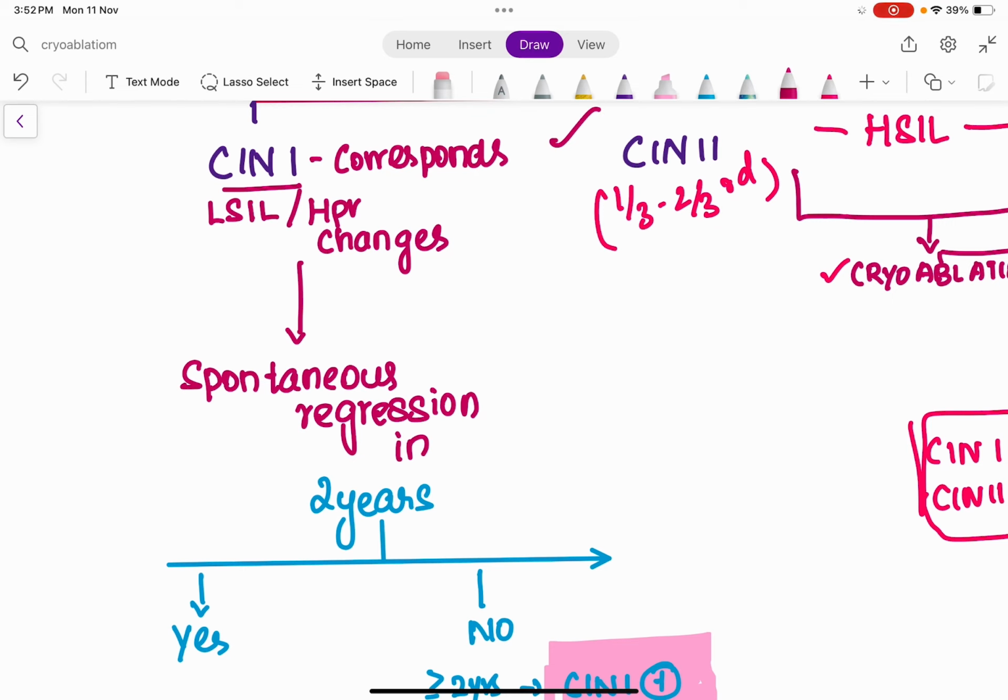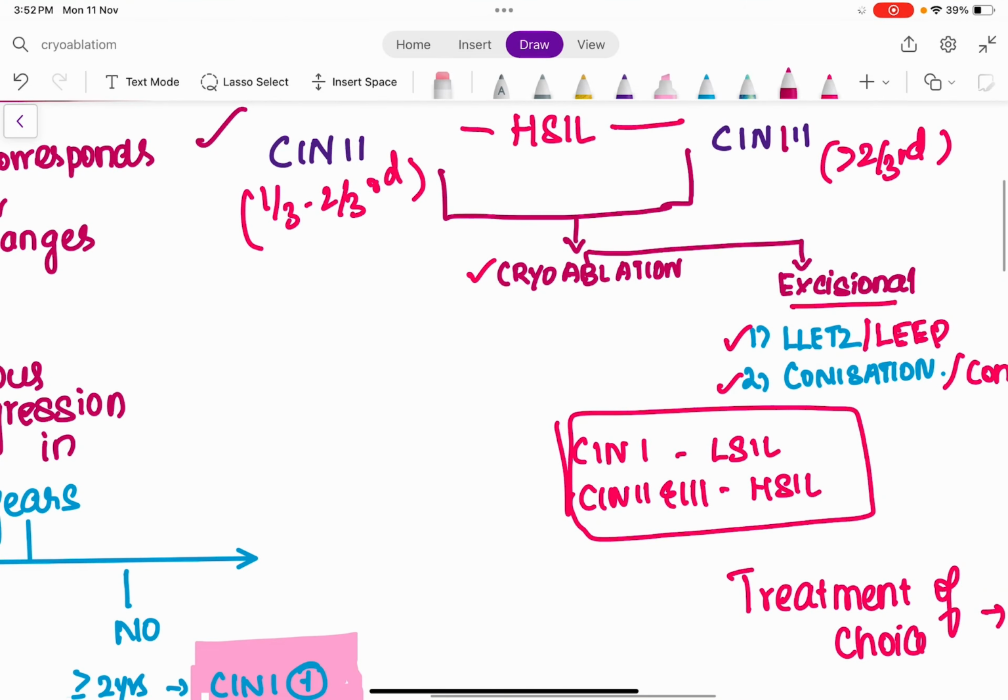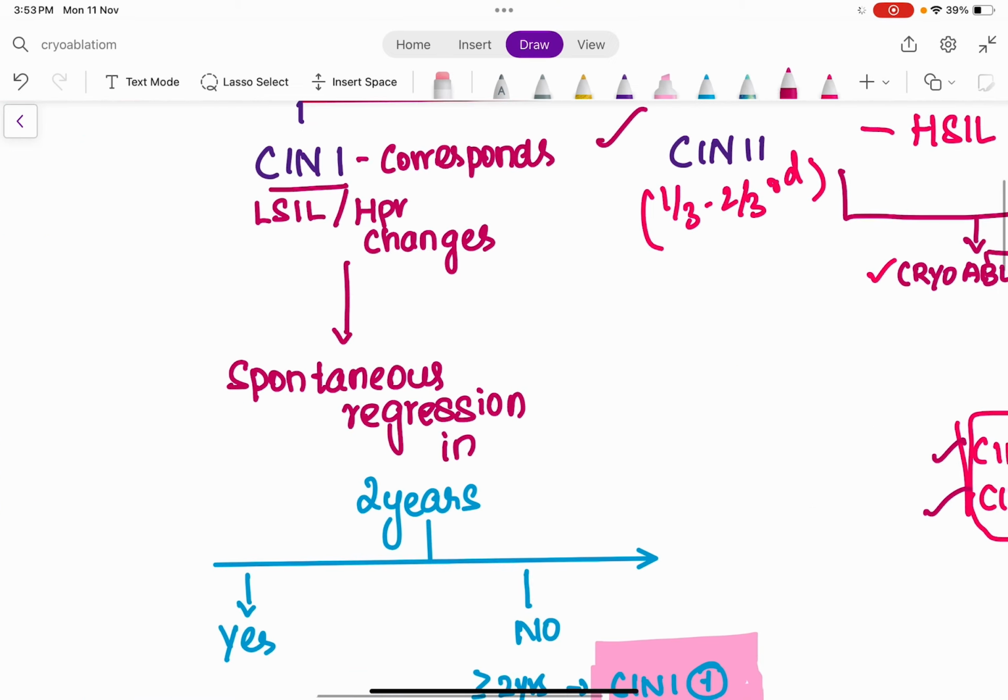So human papilloma virus induced changes in the squamous cells of the cervix correspond to the low-grade squamous intraepithelial lesion report of the pap smear. So CIN1 corresponds to LSIL, whereas CIN2 and 3 correspond to high-grade squamous intraepithelial lesion report of the pap smear. Is that clear? CIN1 corresponds to LSIL, CIN2 and 3 correspond to HSIL.